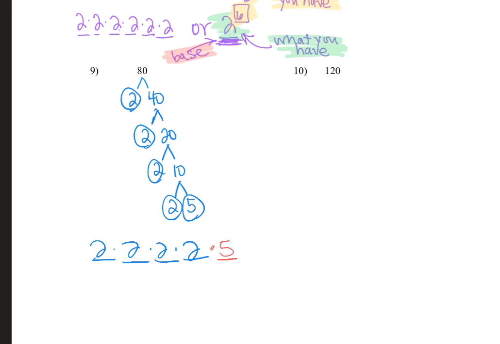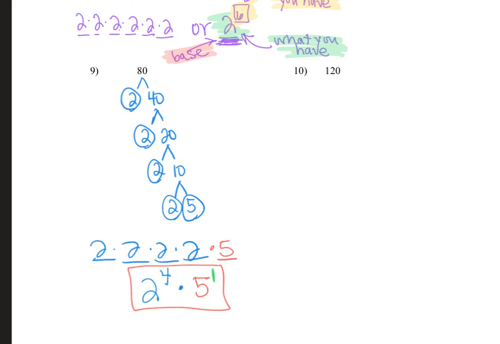So that means I have 2 to the fourth times 5. If you wanted, you could put a 1 as an exponent on the 5 because you have one of them. Really, the exponent is telling you how many of the number you have. What you have, how many you have.